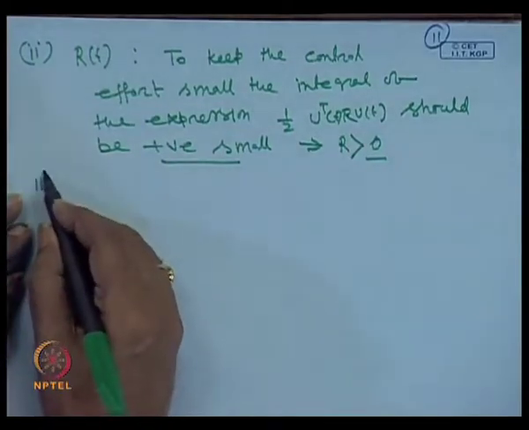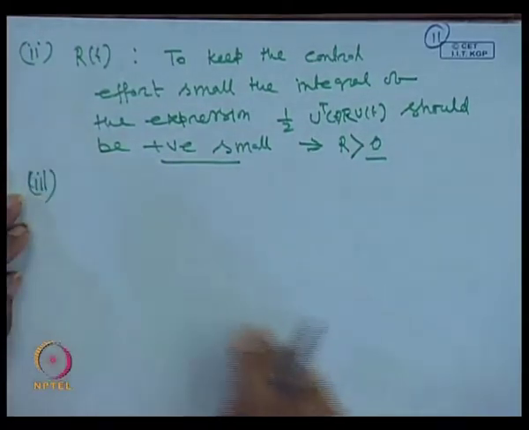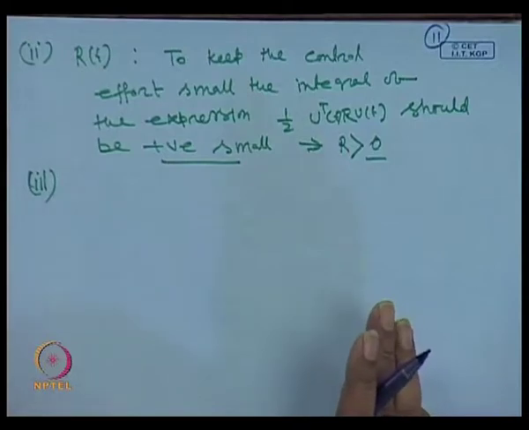So, another important issue is that in most practical control problems there is a restriction on the control input. That means the control input has a minimum value and a maximum value. But for the time being we will discuss that there is no restriction on the control input.